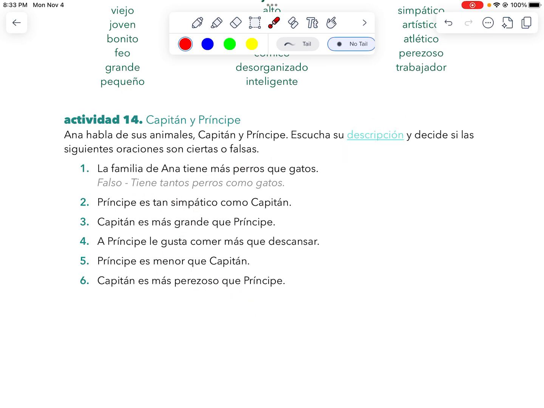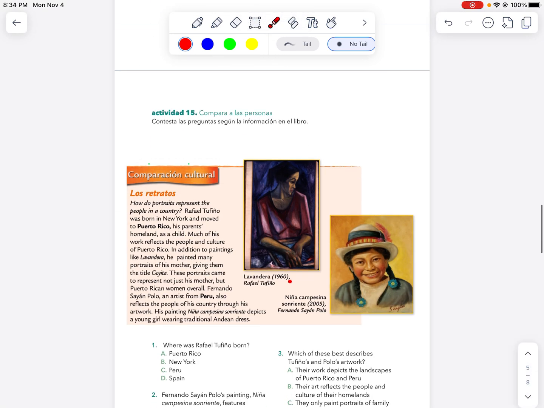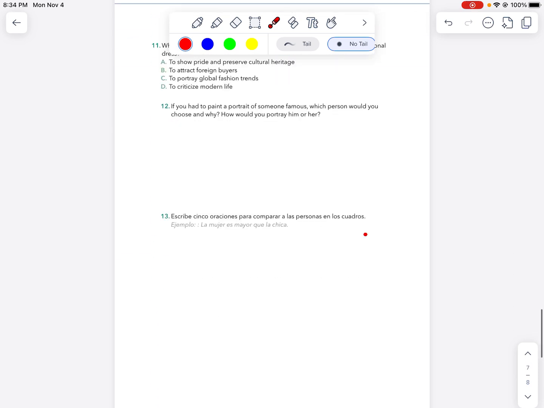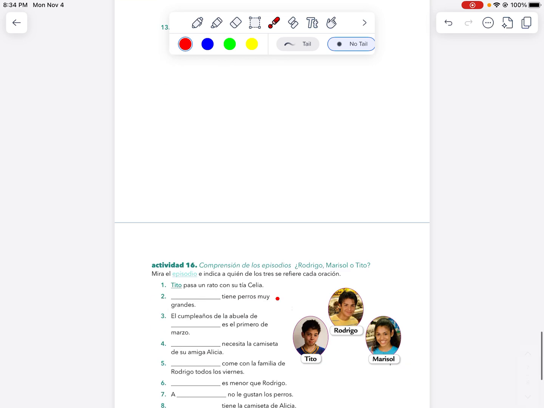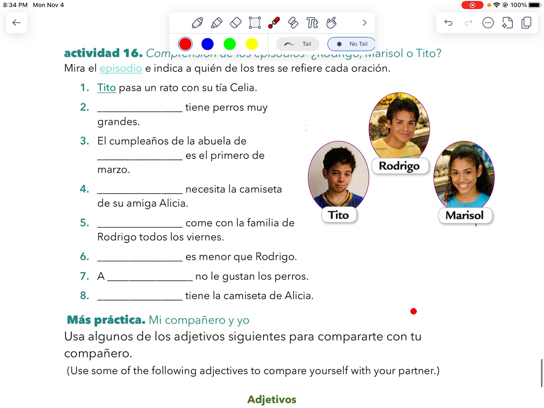So just listen to the audio and correct the sentences. Yay! Okay. And then activity 15, read the thing, answer the questions. You do not need my help for this. Awesome. Same thing. Activity 16, watch the episode, figure out who it's describing. You do not need my help for this. Yay! Okay.